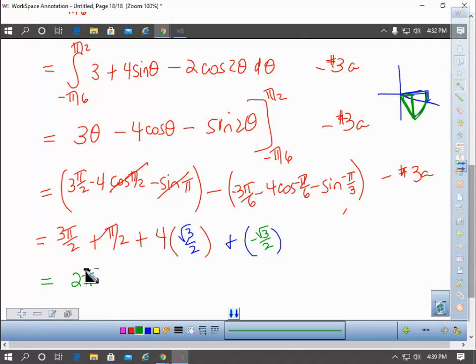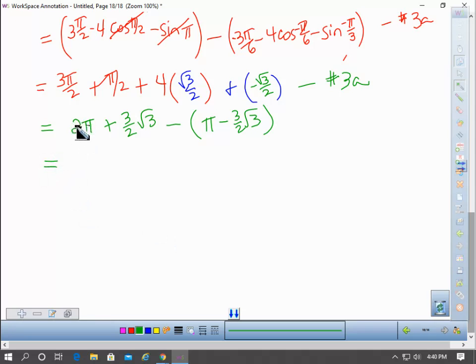And then 4 halves radical 3 minus a half will be 3 halves radical 3. And then I have to remember to subtract my answer to 3a. My answer to 3a was pi minus 3 halves radical 3. So 2 pi minus a pi will be pi.